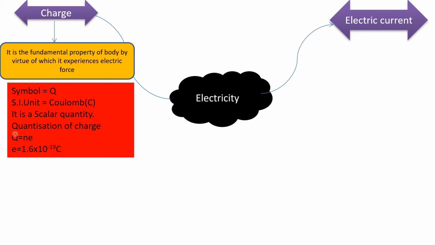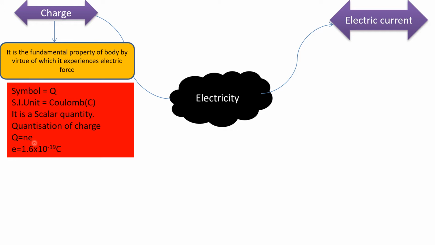What do we understand by the term quantization? See, this is the formula to understand it better. Q is equal to NE. Q stands for charge, the total charge. N stands for the number, and E stands for the charge of an electron. So when I say quantization of charge, I mean that the total charge on any body is an integral multiple of the charge of an electron.